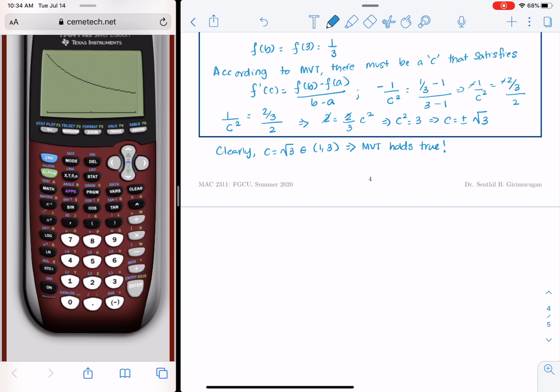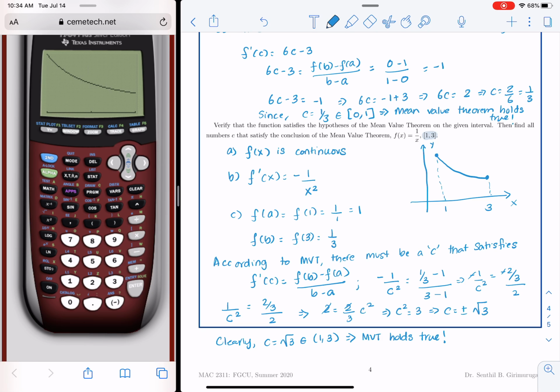So if we know that a function is differentiable and continuous, then there has to be a c that lies between a and b so that f prime of c is equal to f of b minus f of a divided by b minus a.